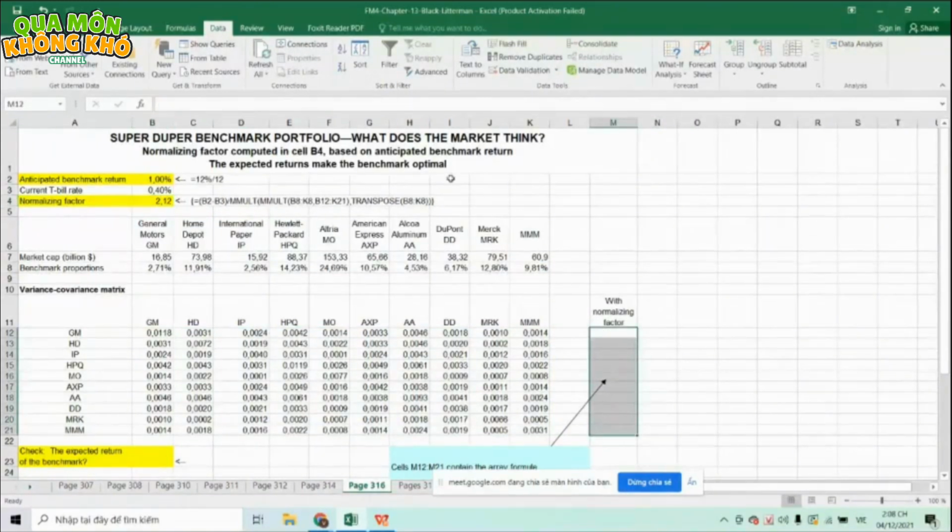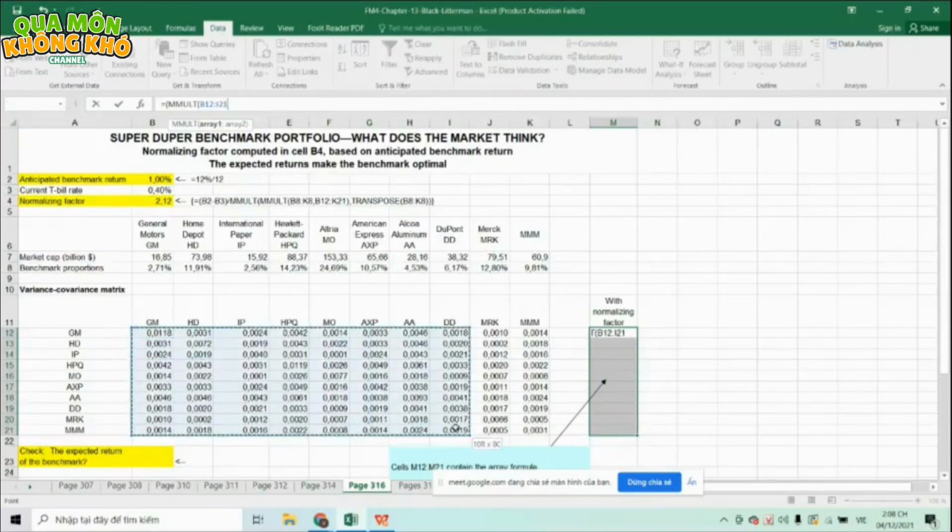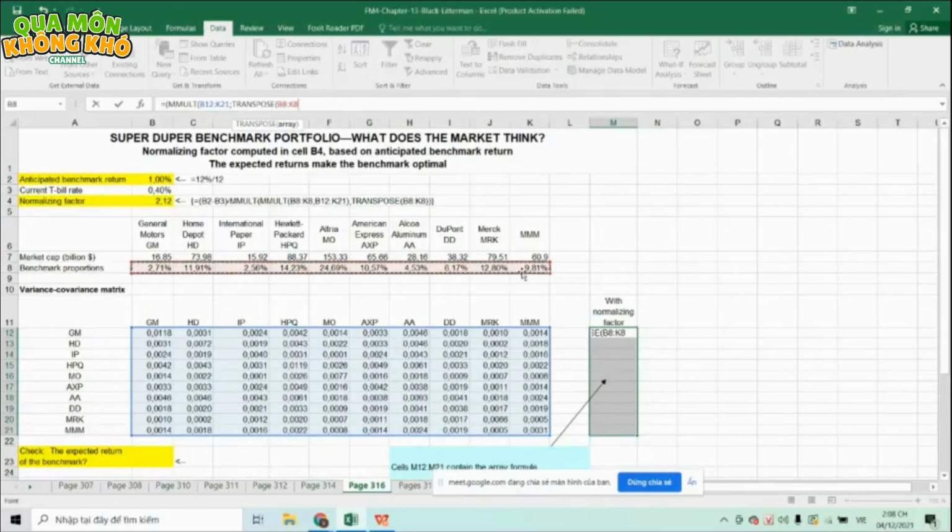And then we will calculate the same as the previous page, but this time with the normalizing factor. Also do the same MMULT of this range, this range, and the transpose of the benchmark portfolio.